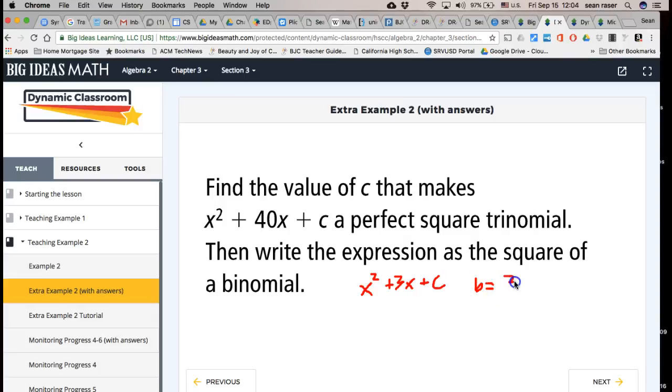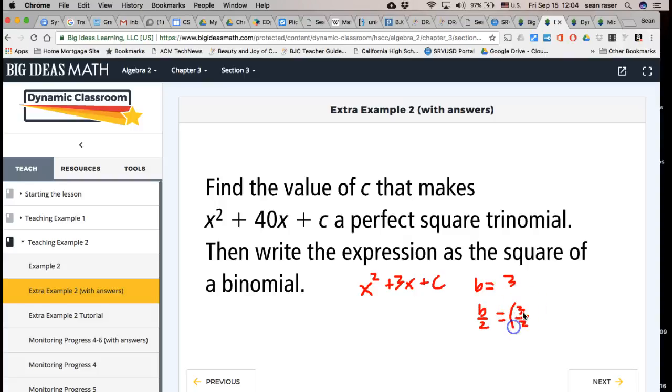In this case, b is equal to 3, so b over 2 would be 3 over 2. You want to leave this in fraction form. You don't want to write it in decimals because you want to add the actual amount, not a decimal that you have to round.